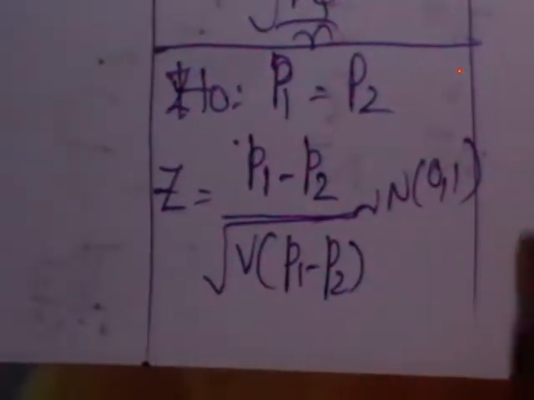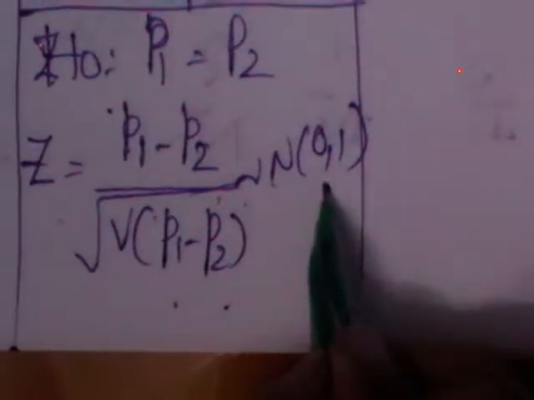You will define H0 such that p1 is equal to p2, H1 such that p1 is not equal to p2. What is Z? For the difference you will write (p1 minus p2) by root over variance of p1 minus p2, which follows N(0,1). What is the standard error of p? Root of pq by n. You will get (p1 minus p2) by under root p1 q1 by n1 plus p2 q2 by n2, which follows N(0,1).